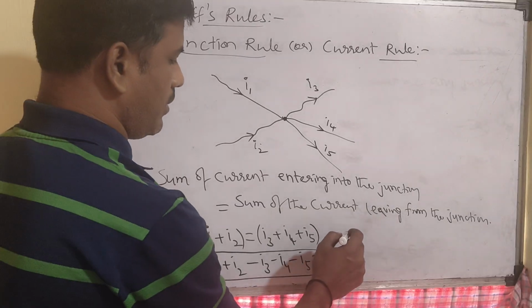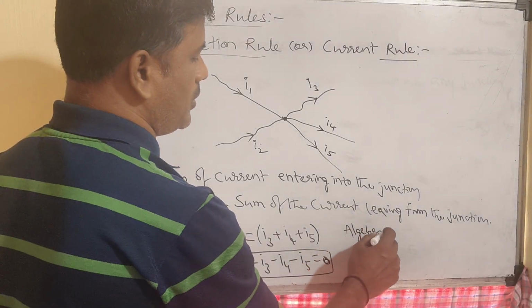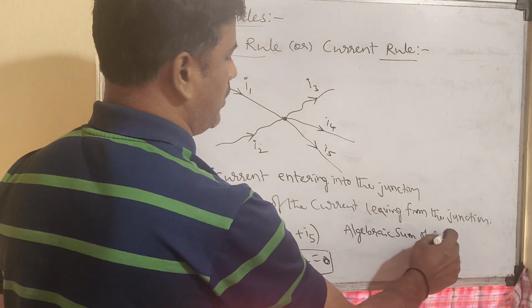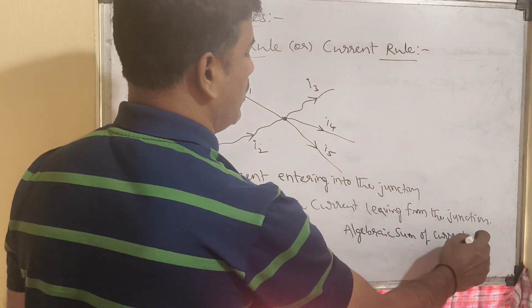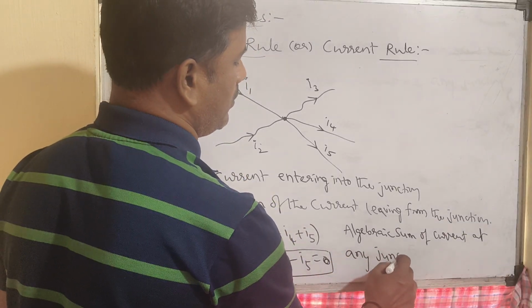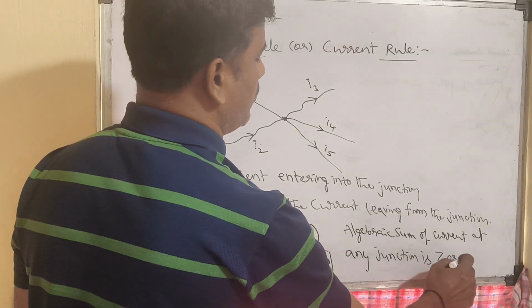Another definition is: the algebraic sum of current at any junction is 0.